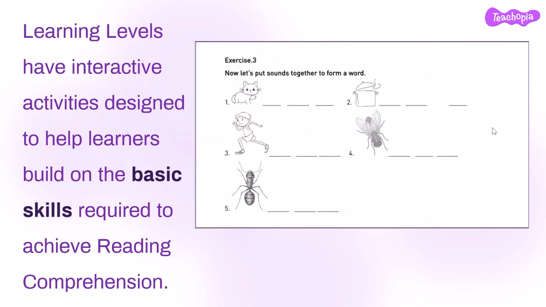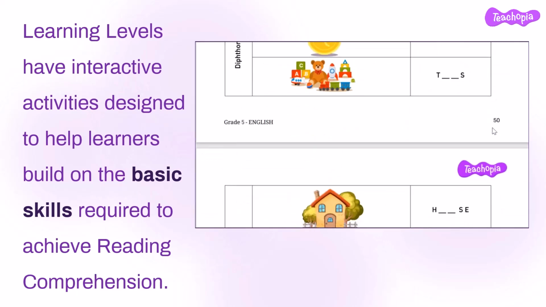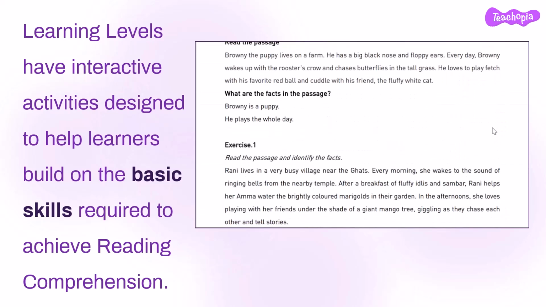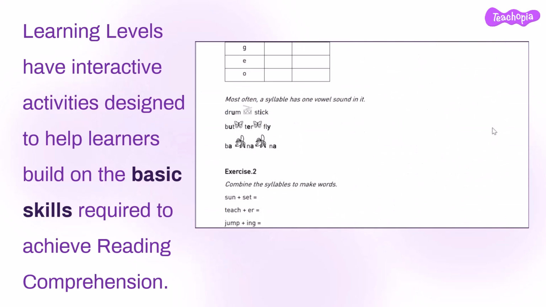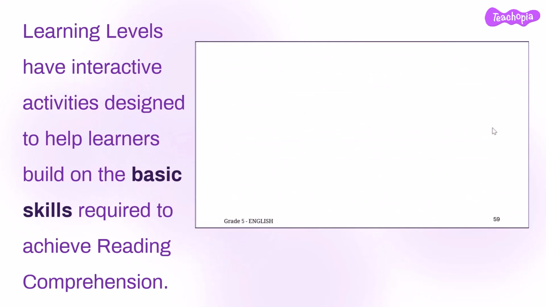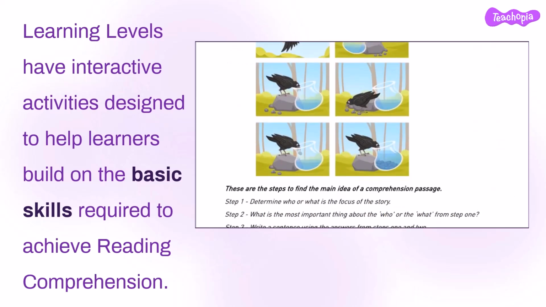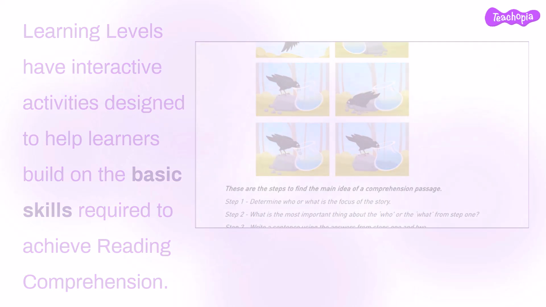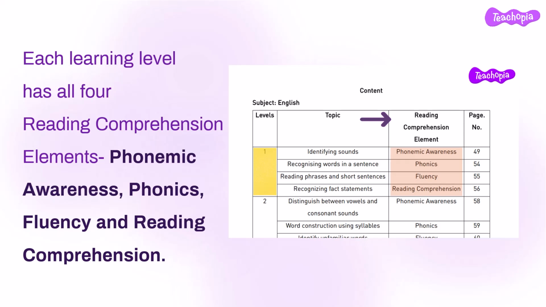Each learning level has a variety of interactive activities designed to help learners build on the basic skills required to achieve reading comprehension. Each learning level has all 4 reading comprehension elements, that is, phonemic awareness, phonics, fluency, and reading comprehension.